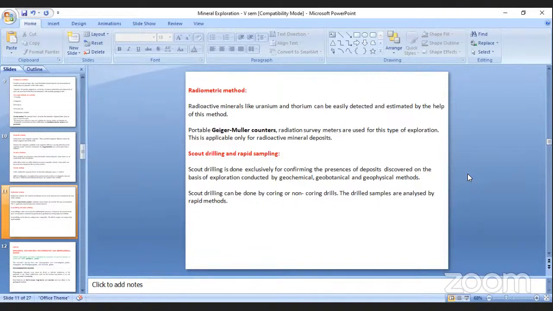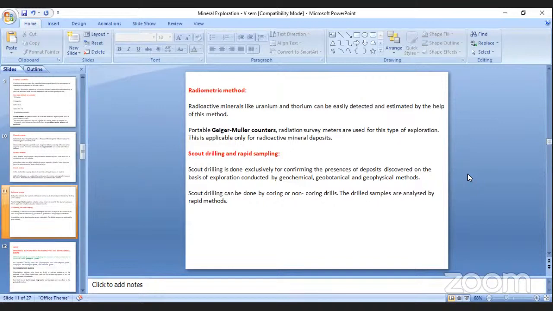That means it can detect gamma rays wherever they are coming from. It absorbs these gamma rays and shows a reading on the respective meter. Based on those readings, we can determine whether that area has a radiometric zone or radioactive nuclide mineralization. We can say definitely whether it does or not using these instruments.